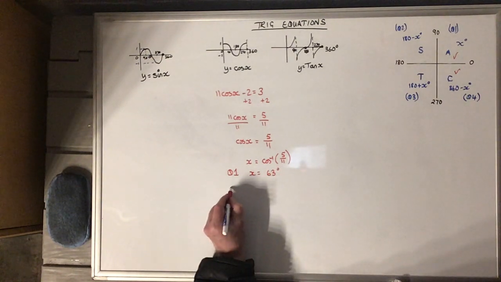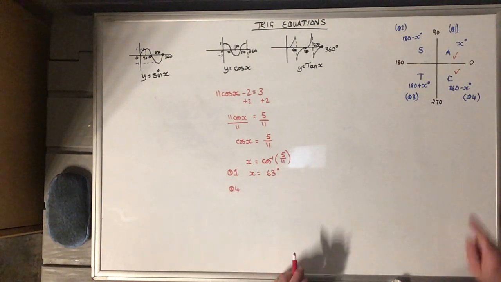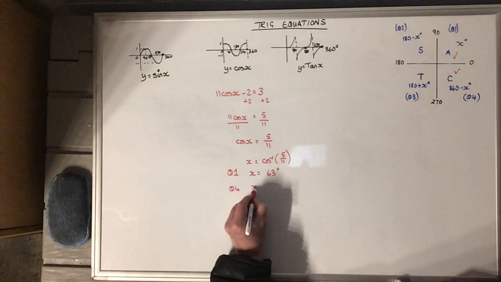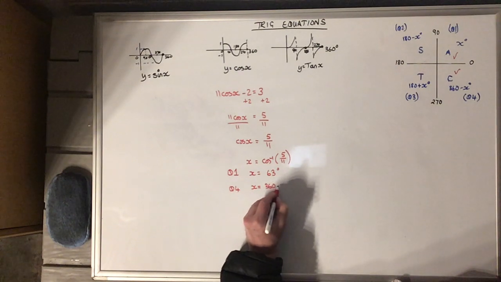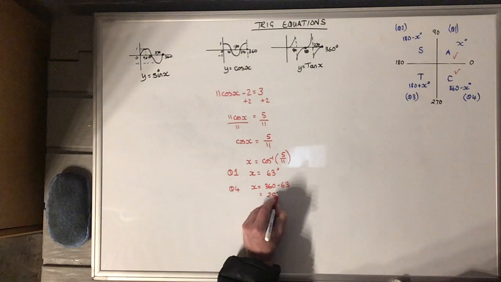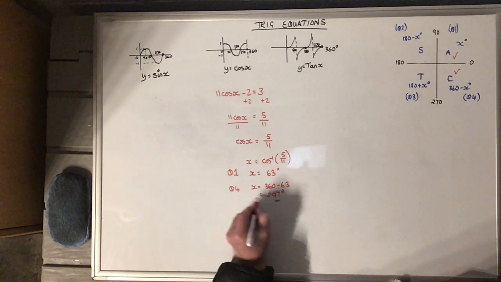And we're looking for the fourth quadrant, so that's the principal value away from 360, so x is equal to 360 minus 63, and we've got an answer of 297 degrees.